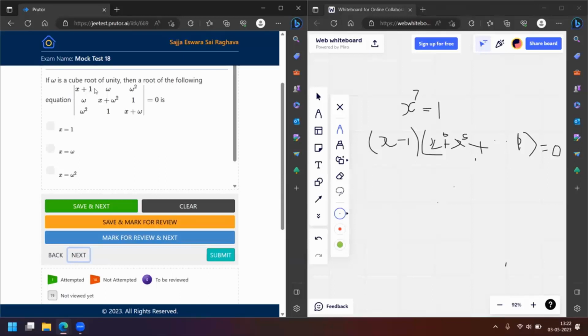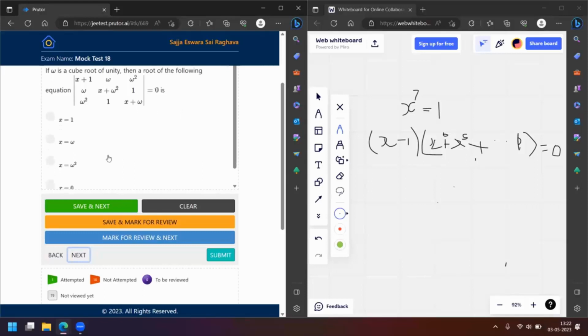If you replace row 1 with row 1 plus row 2 plus row 3, we get 1 plus omega plus omega square in all three elements, which is equal to 0 as omega is a cube root of unity. So in the top row you will get 0, 0, 0, and the equation holds. Since a row is 0, the determinant is 0.